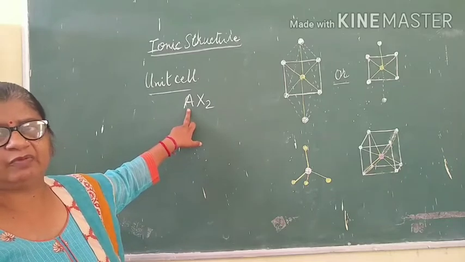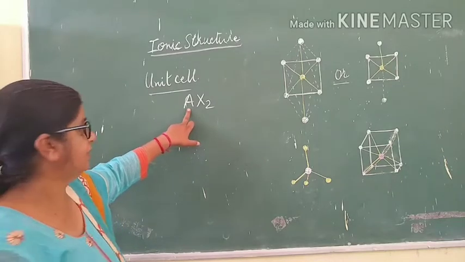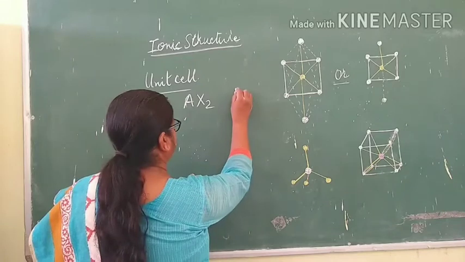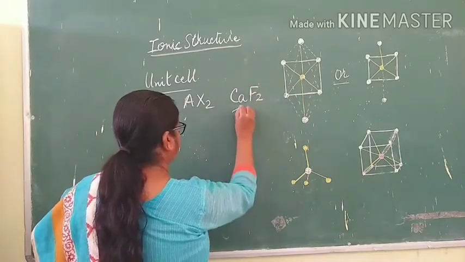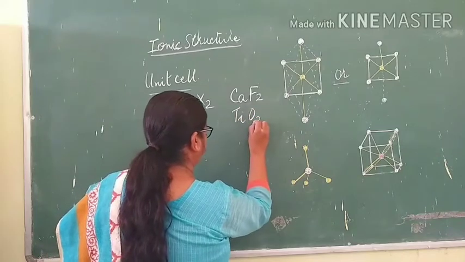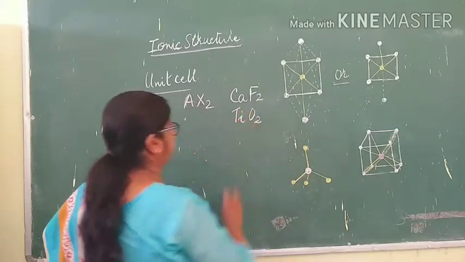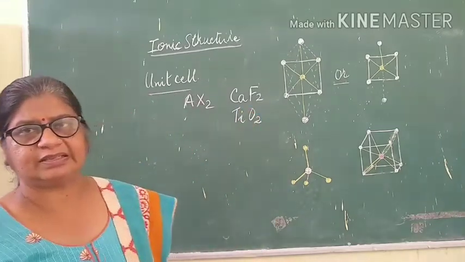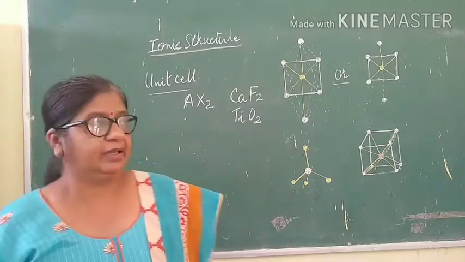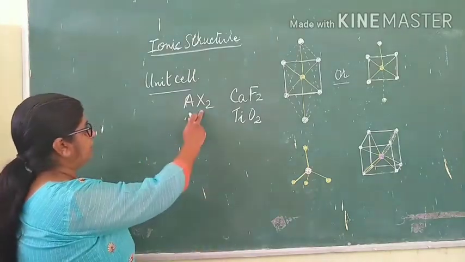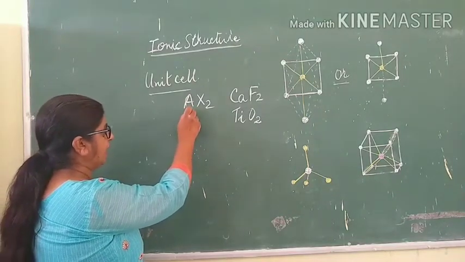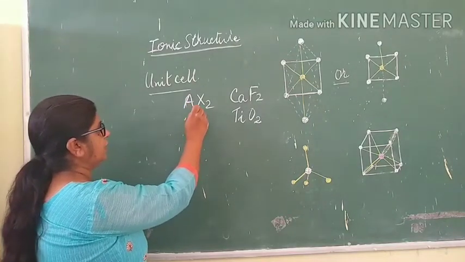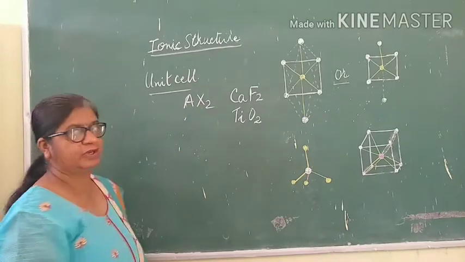That is, we will study here compounds like CaF2 and titanium oxide. In such compounds, the coordination number of the cation is twice the coordination number of the anion.